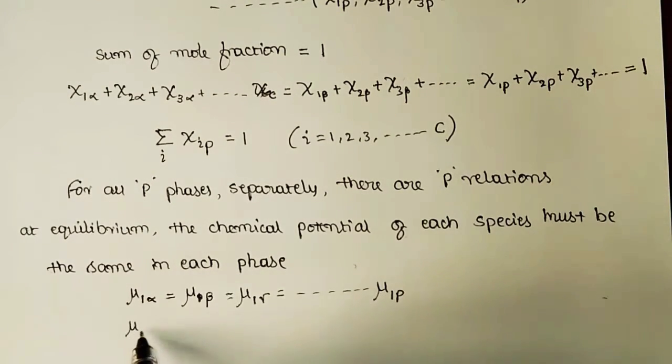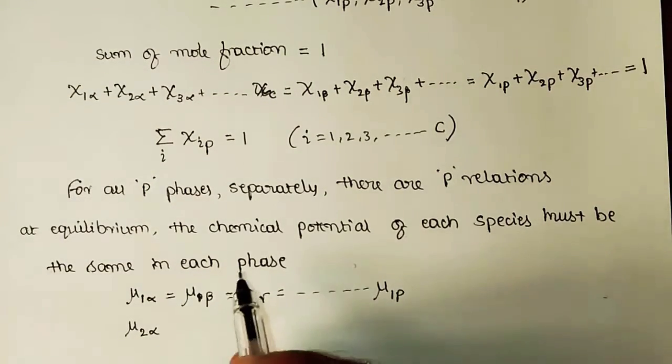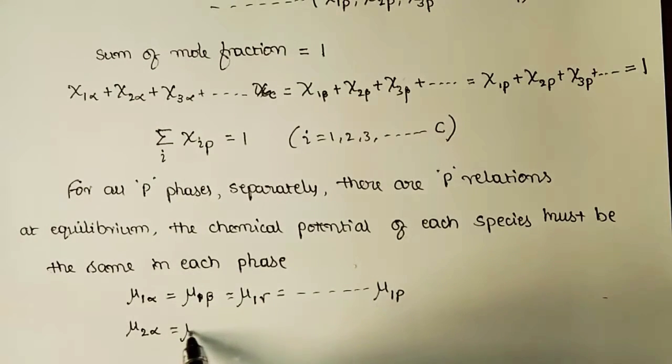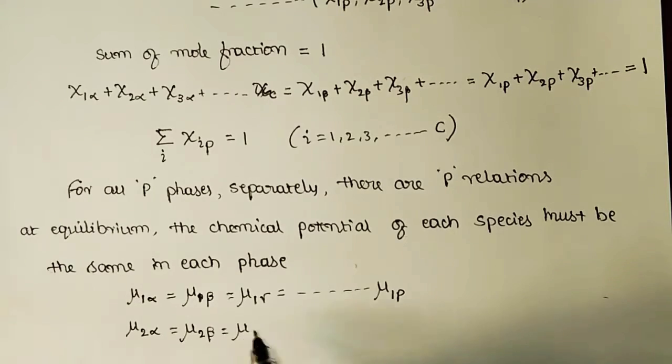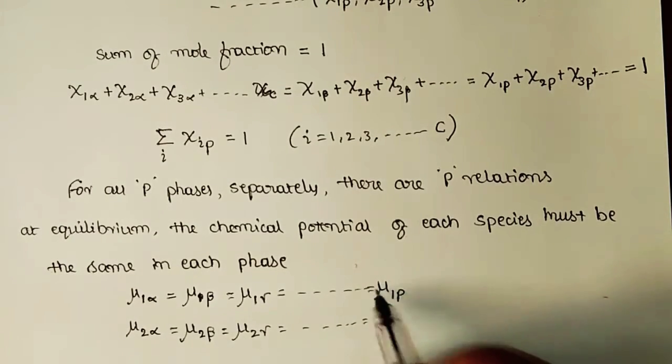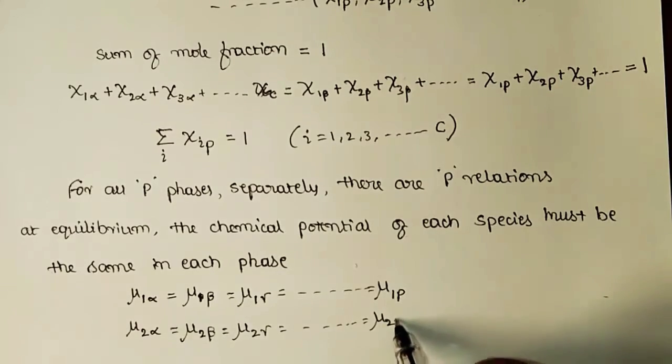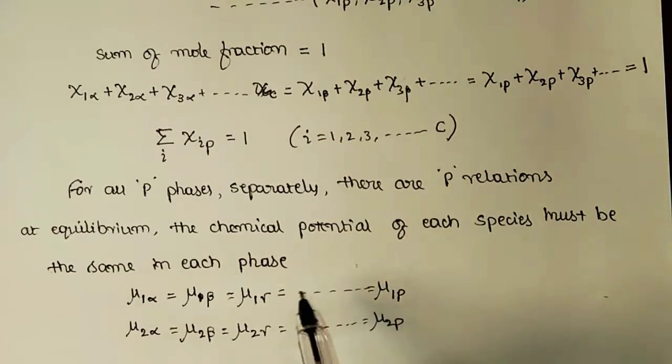Similarly, the chemical potential of the second component in the alpha phase will be equal to the chemical potential of the same component in the beta phase, and in the gamma phase, up to the chemical potential of the second component in the P number of phases. So this will be continuous. For all the components we can apply the same condition.